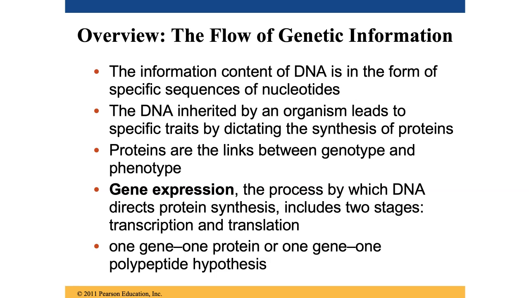Remember, the polypeptide is just the polymer of amino acids. So it's the linear chain of amino acids. And we have to fold that properly. Again, if you need a refresher, go look at chapter 5. We need to fold that polypeptide properly in order for it to be a functioning protein. But it's one gene, one sequence per protein or polypeptide.